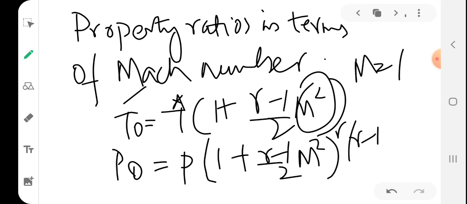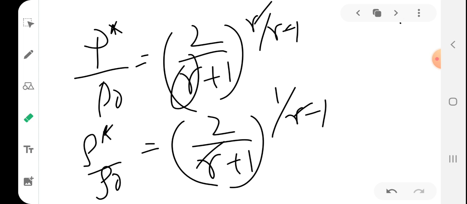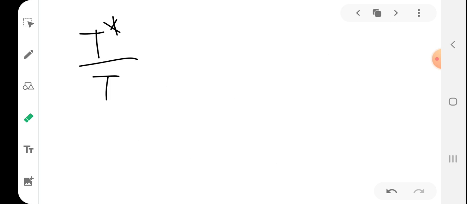Here you have the relation between T0 and T, P0 and P, and rho 0 and rho. And you have T0 and T star, P0 and P star, and rho 0 and rho star. Now if you need a relation between T star and T, P star and P, and rho star and rho, you have to combine both sets of equations we have derived earlier.